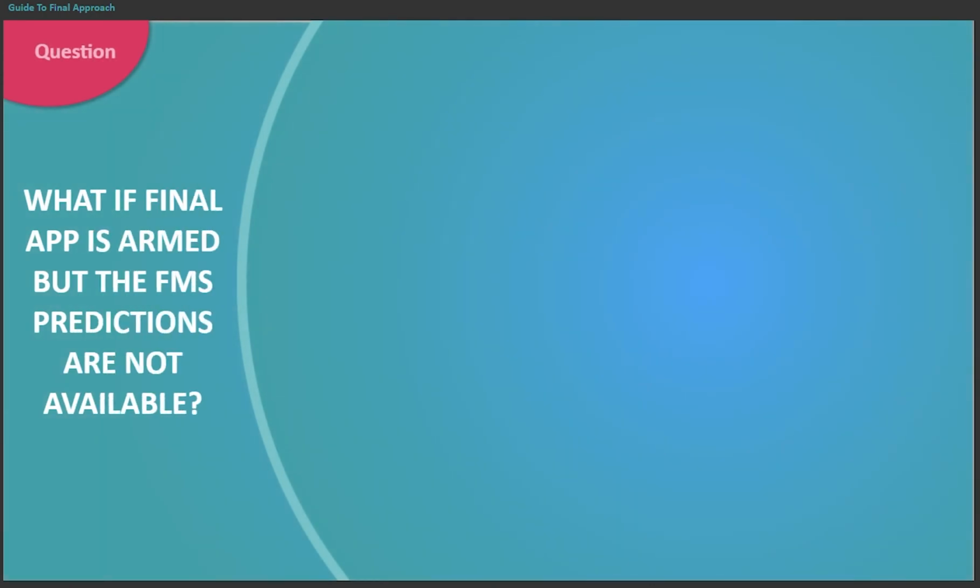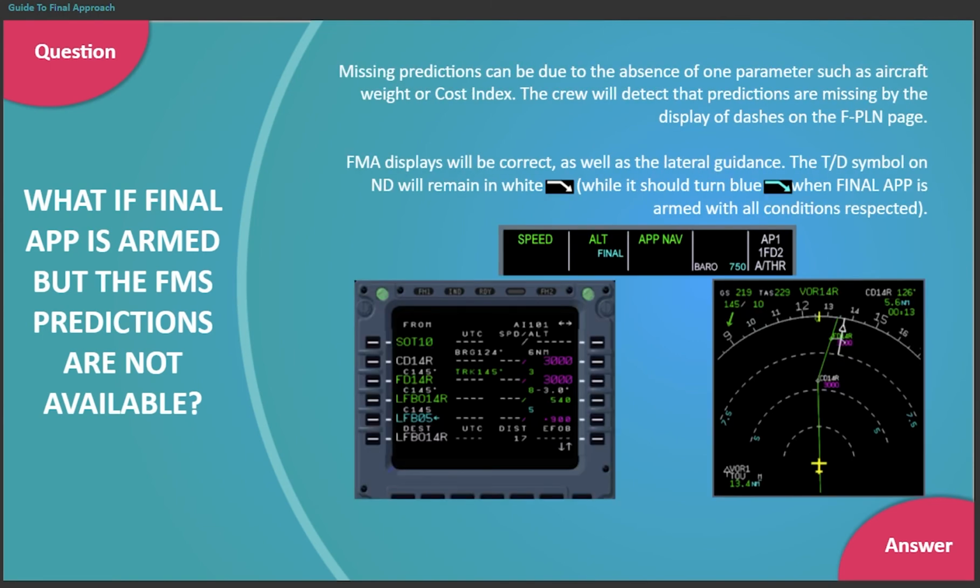What if final APP is armed but the FMS predictions are not available? Missing predictions can be due to the absence of one parameter, such as aircraft weight or cost index. The crew will detect that predictions are missing by the display of dashes on the flight plan page.